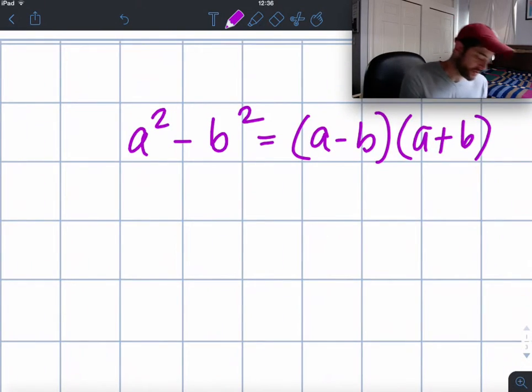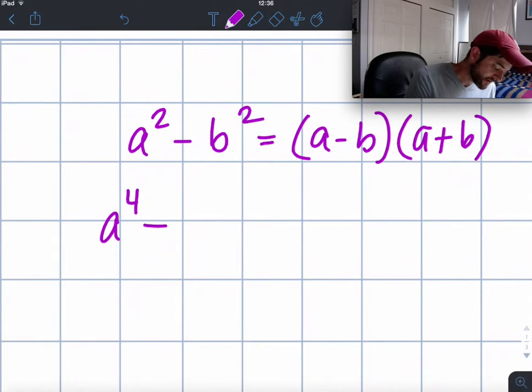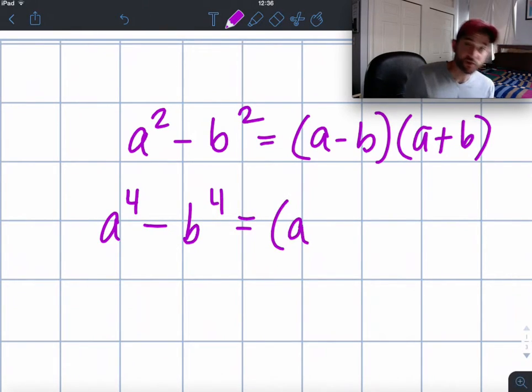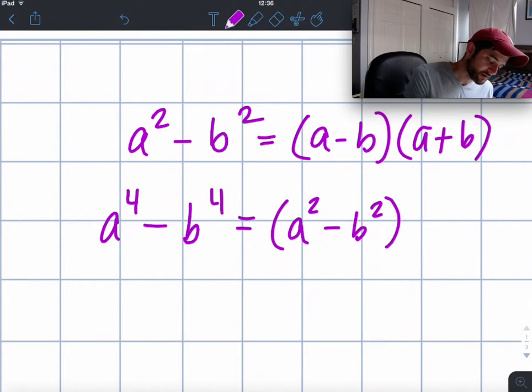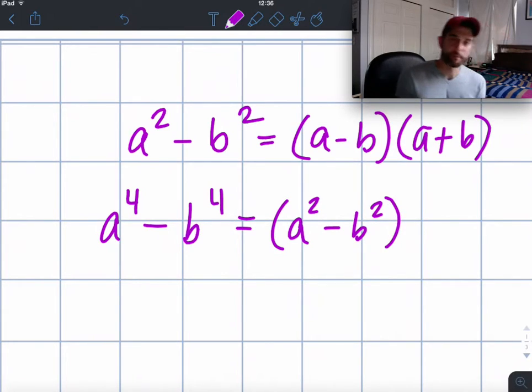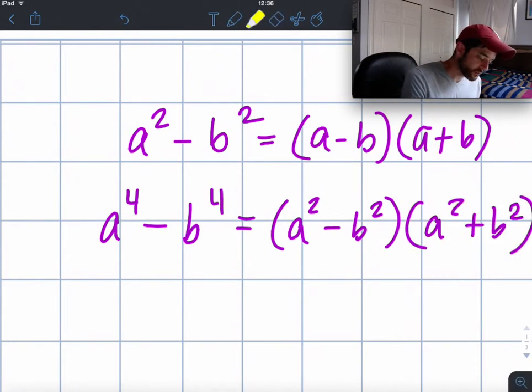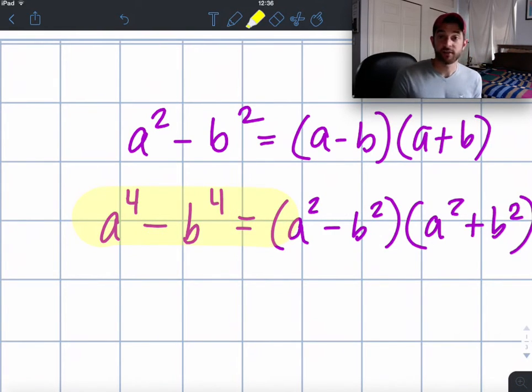Now to go further with that, if I have a to the fourth minus b to the fourth, that's also a difference of two perfect squares, a squared minus b squared times a squared plus b squared. So this is the one that we're going to specifically look at in this case.